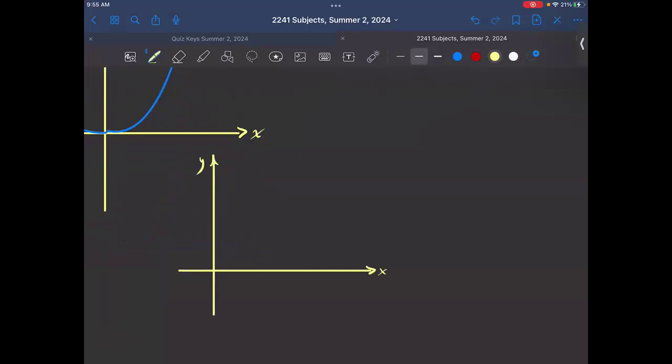and we say, all right, maybe here's 1. The square graph looks something like that. And then the cubic graph is going to be a little bit steeper. Maybe a little more like that. And then the quartic graph should be even steeper than that.